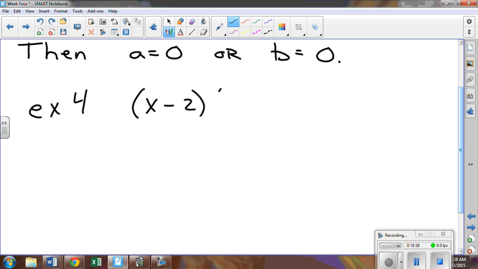Consider this example. Here are two numbers: the number x minus 2 being multiplied by the number x plus 3. Those two numbers multiply to equal 0.